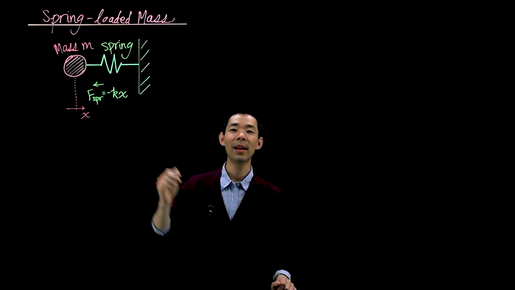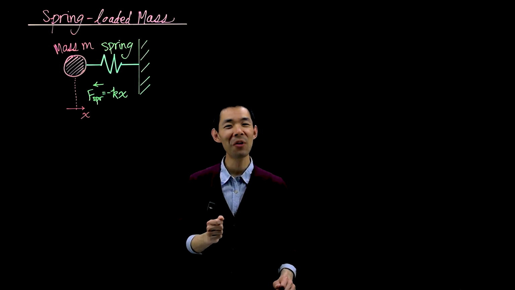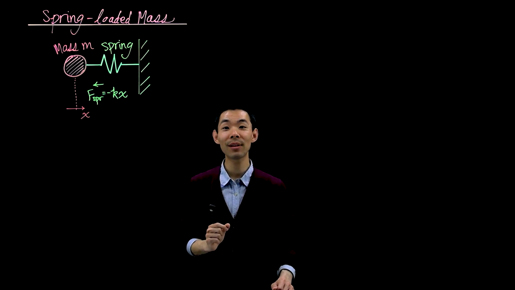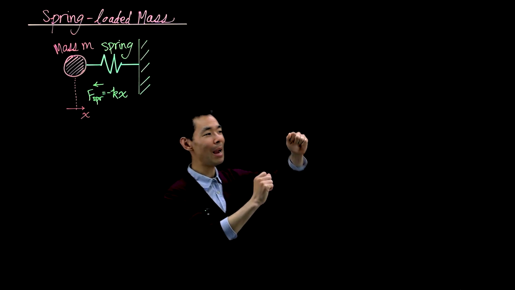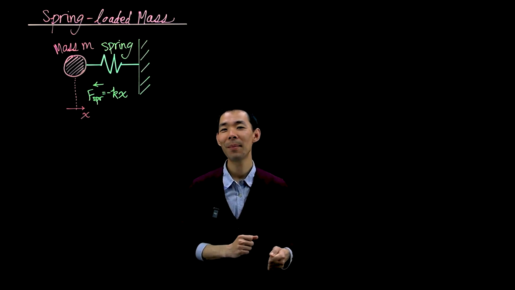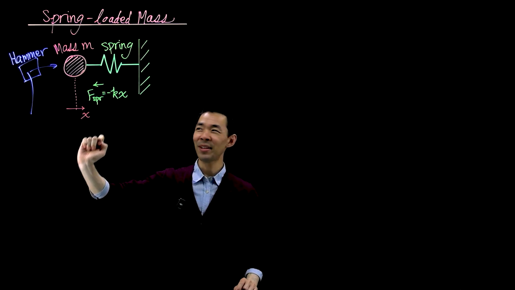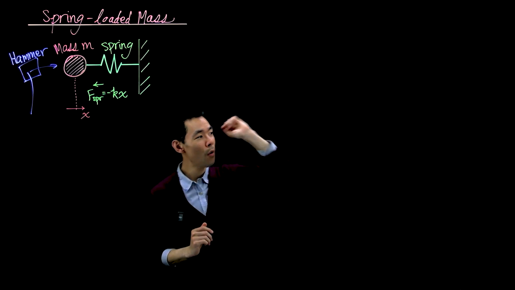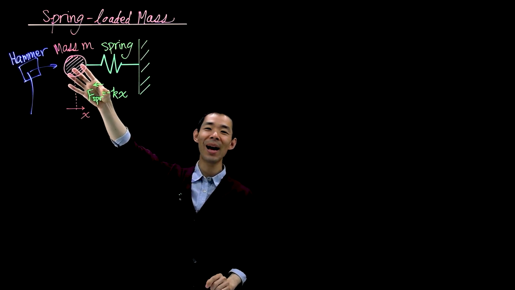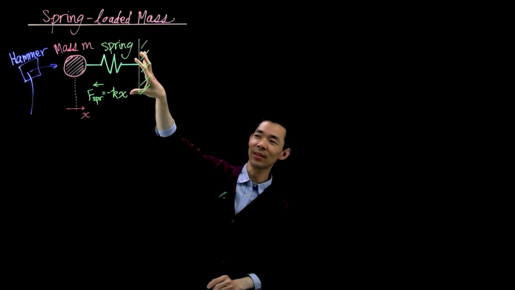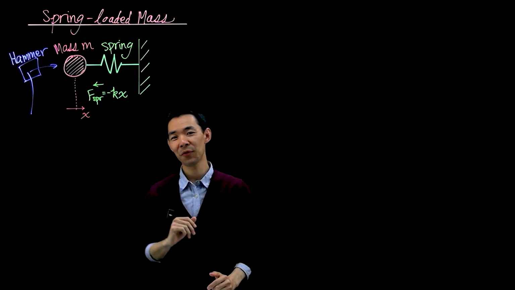Now, why would it move? It's moving because at time t equals 0, I'm going to take a massive hammer and whack the mass m. I'm going to take a hammer at time t equals 0, whack, hit the mass. The mass is going to compress the spring. It's going to feel a restoration force.